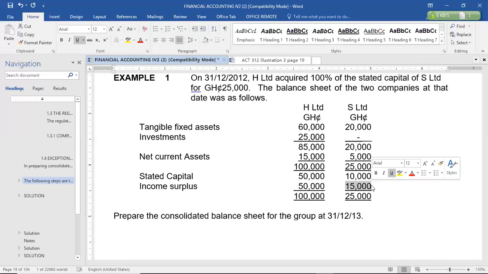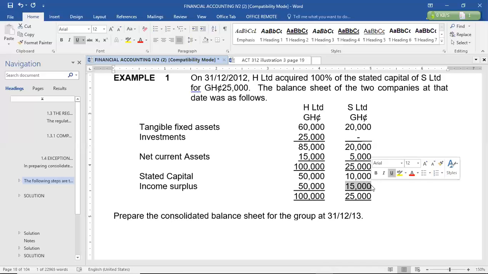And take note, when they say somebody is acquiring a company or buying your company, the person is coming to buy your assets and liabilities. But the person will pay you for the equity or the capital and surplus.